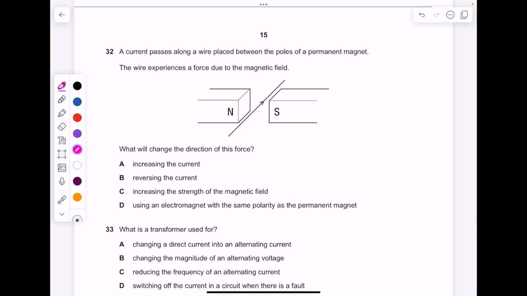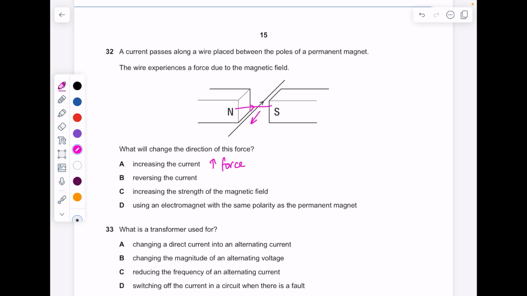A current passes along a wire placed between the poles of a permanent magnet. The wire experiences a force due to the magnetic field. What will change the direction of this force? So increasing the current just increases the force strength, doesn't change the direction. Reversing the current, yes, because it will now be flowing in that direction.